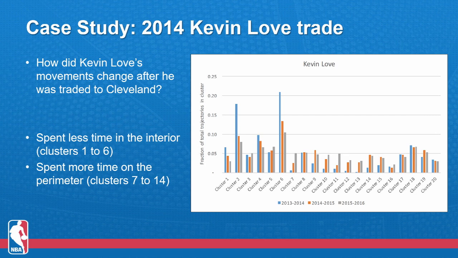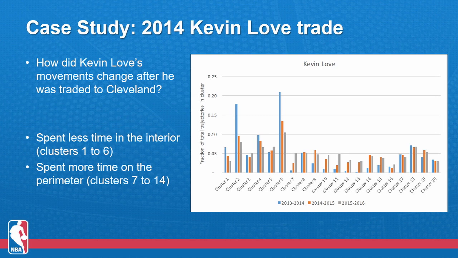The blue vertical lines in the graph represent Kevin Love's movements when he was in his final season with the Timberwolves, and the orange and gray vertical lines represent his movements during his first 2 seasons with the Cavaliers. Right away, we observed that Kevin Love spent less time in the interior, movements represented by clusters 1 through 6, and more time on the perimeter, movements represented by clusters 7 through 14.